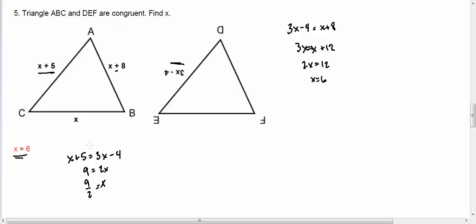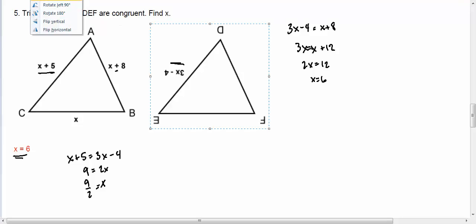And then some of you would say, okay, even though the picture is not drawn to scale, I can still match up the longest side with the longest side. And my answer is, no, you can't always do that. Let me rotate this guy back. Let's do this. Rotate him. All right.